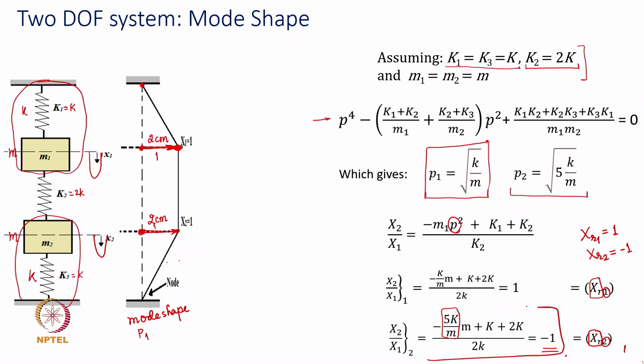That is what we have obtained here, the ratio of the two amplitudes as minus 1. Now, how do I represent minus 1, and what does it actually mean to me?